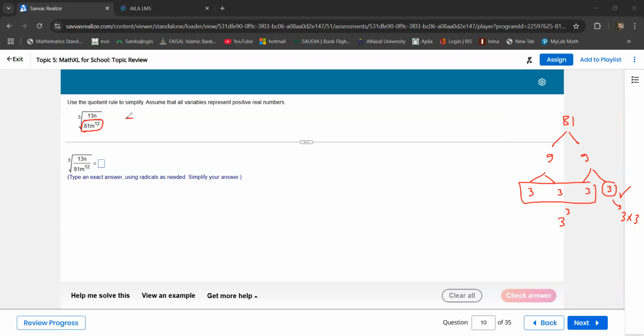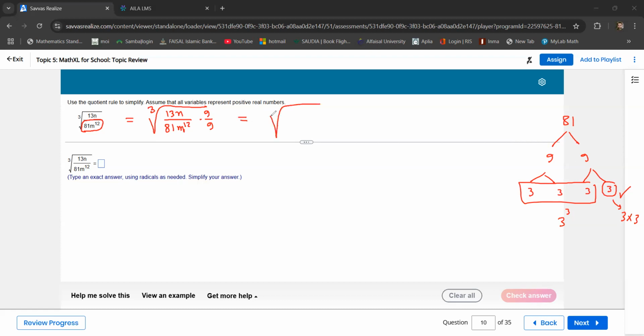So this is the first step. I'm going to enlarge the cubic root, and I'm going to write here 13n over 81 m to the power of 12. And I'm going to multiply by 9 up and 9 down.